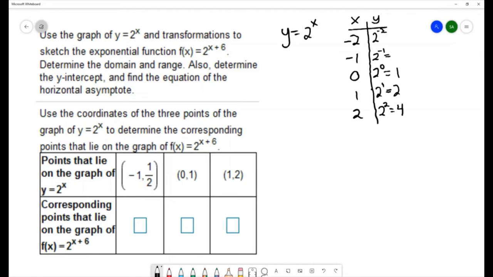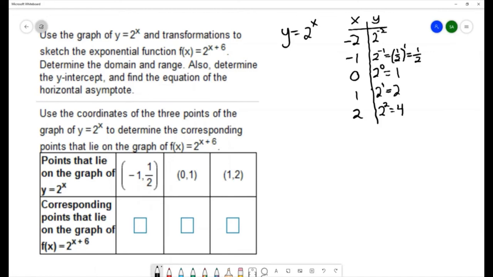Reciprocal of 2 is 1/2. We would still raise that to the first power, and 1/2 to the first power is 1/2.